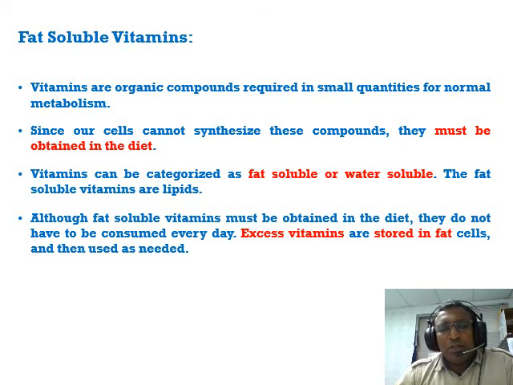Vitamins can be divided as fat soluble as well as water soluble. The fat soluble vitamins are referred to as A, D, E, K, while the water-soluble ones are B and also C.